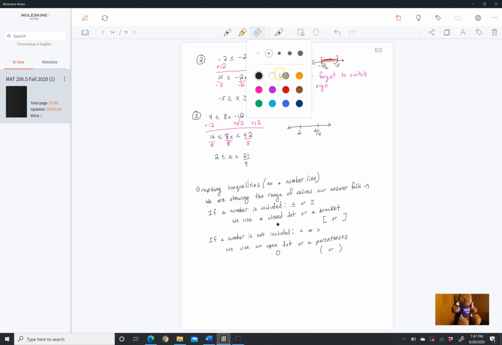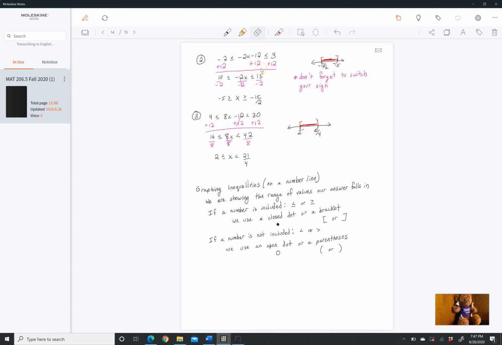And again, they both face the center. So we have a bracket on the left, a parentheses on the right. Try and do your best to make it really clear that this is a bracket and this is a parentheses. So make it clear that you have your straight line and then your curved line. Just do the best that you can.